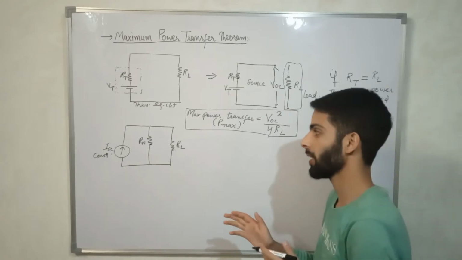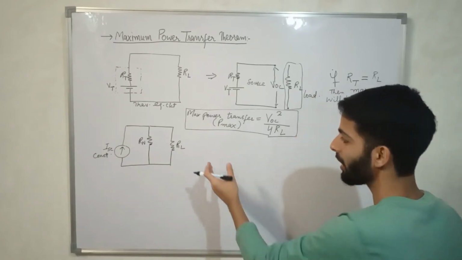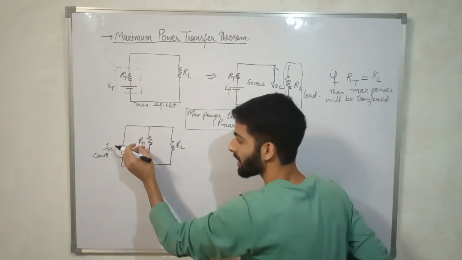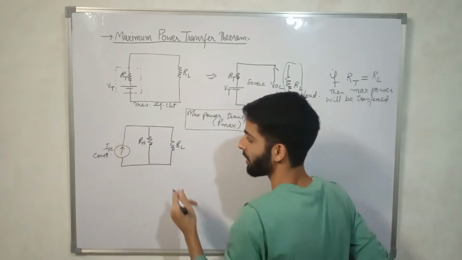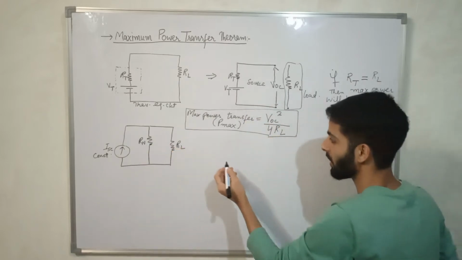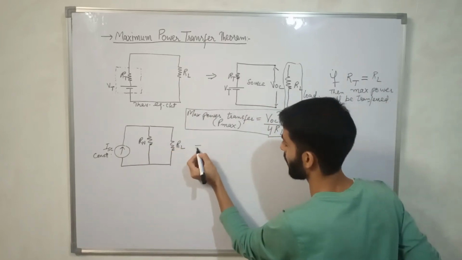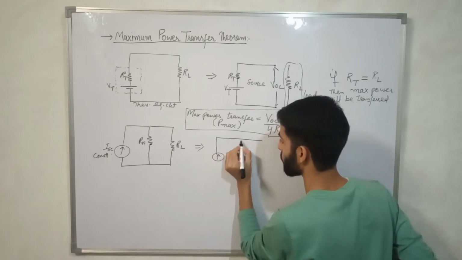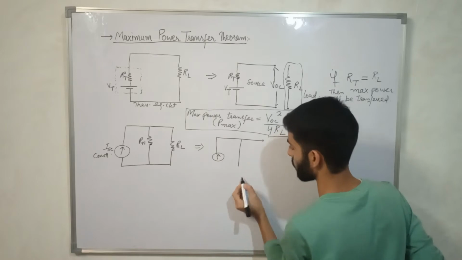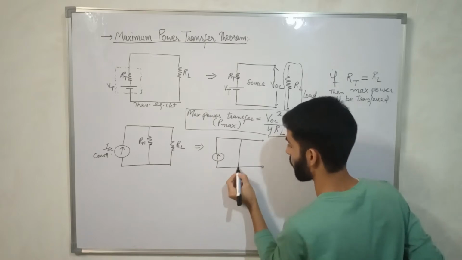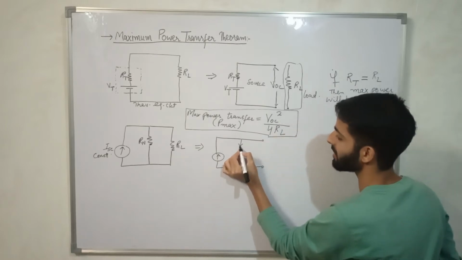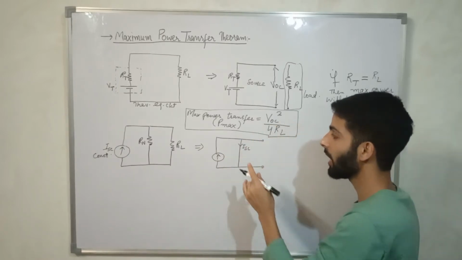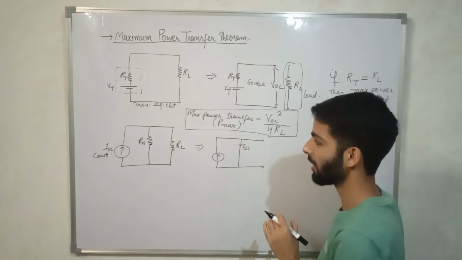Is that clear? What we do, if we cut off this load resistance and short circuit this Norton resistance, it will become like this. ISC will flow, short circuit current will flow because there is no resistance. It is short circuited now and the short circuit current will flow.